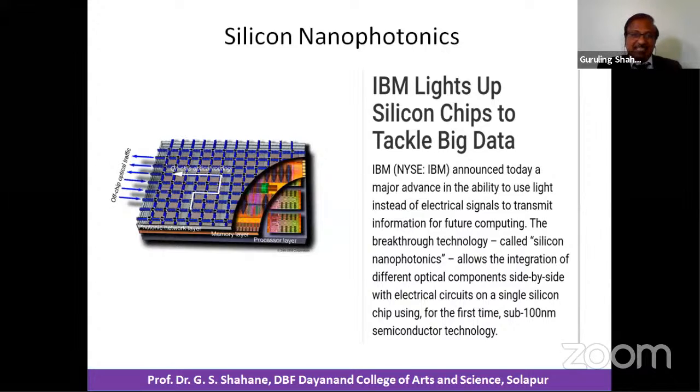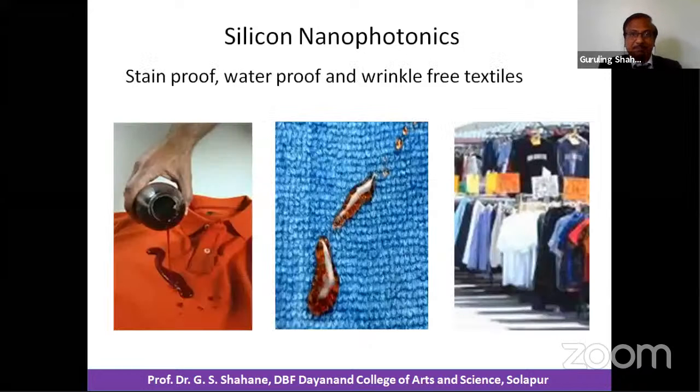So in this case, along with the electronic components, optical fiber is also embedded, fabricated in the same chip, so that instead of transmitting the data in the form of electrical signals, it is transmitted in the form of light signals, which are very fast. So this will be very useful in increasing the speed of the device.